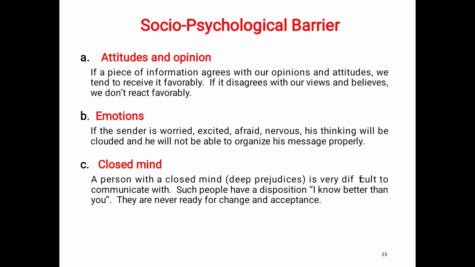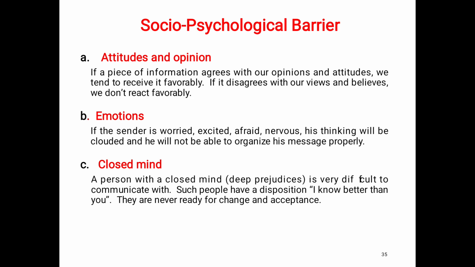Socio-psychological barriers, right? These are the barriers that come at the level of the sender or at the receiver, right? So it is not necessary for one person to have this barrier. This may also be the problem of a whole group of people, like a community or even a nation.